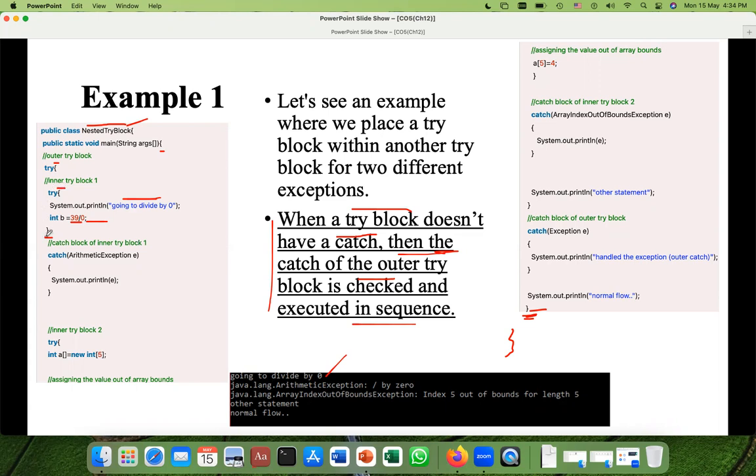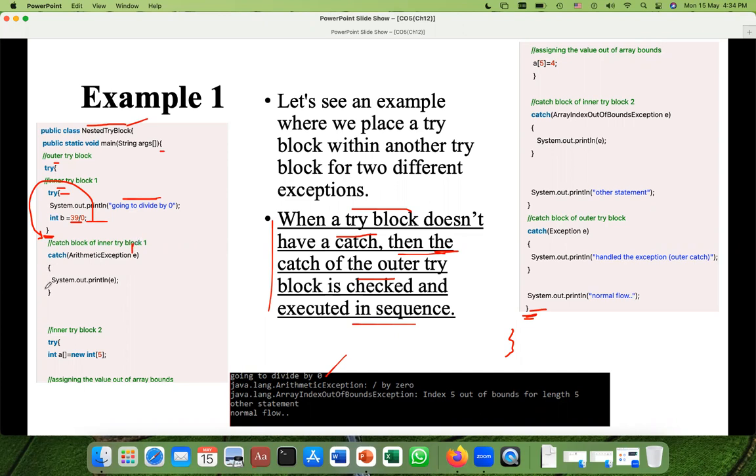This is the end of try block 2. So control will come out of this try block after its closing bracket. And I will search for divide by 0. Here the catch is arithmetic exception, so it will be matched and copied into this e.